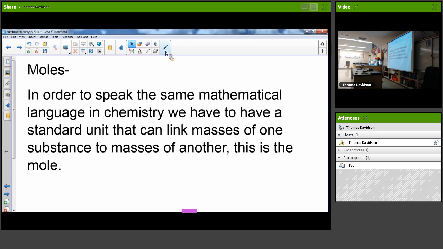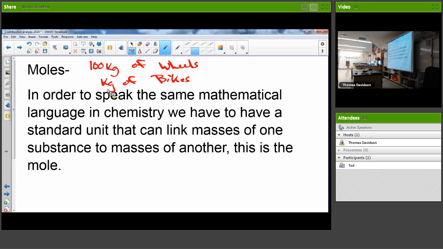This is kind of dumb, but maybe you have 100 kilograms of wheels, and you want to know how many kilograms of bikes you can make out of that. In order to know the answer to that, you have to know a few things. What do you have to know? You have to know the mass of one wheel, right?